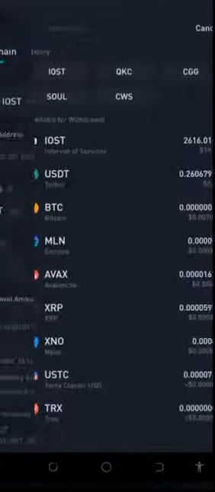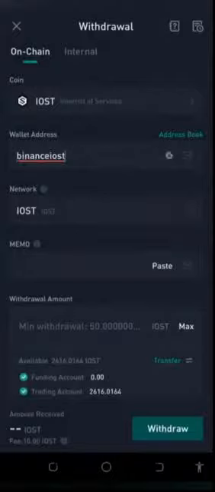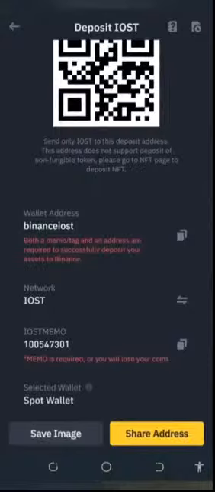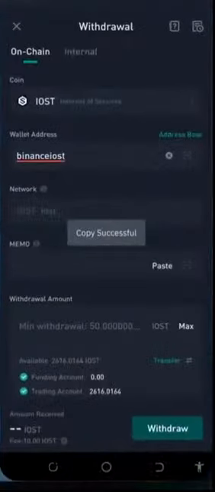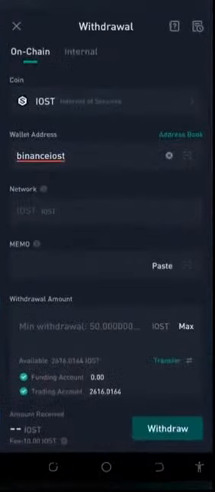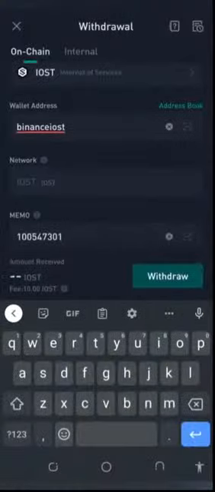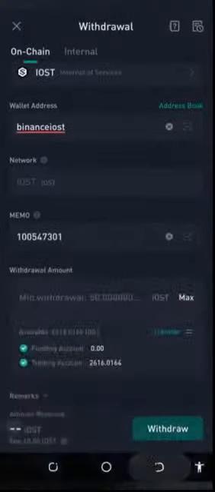Okay, it looks like it's right. Binance IOST. Then we get the memo. Where's the memo? IOST memo. All right, so we get the memo, get back in there, and paste the memo. Good. So it looks like everything is going on well.